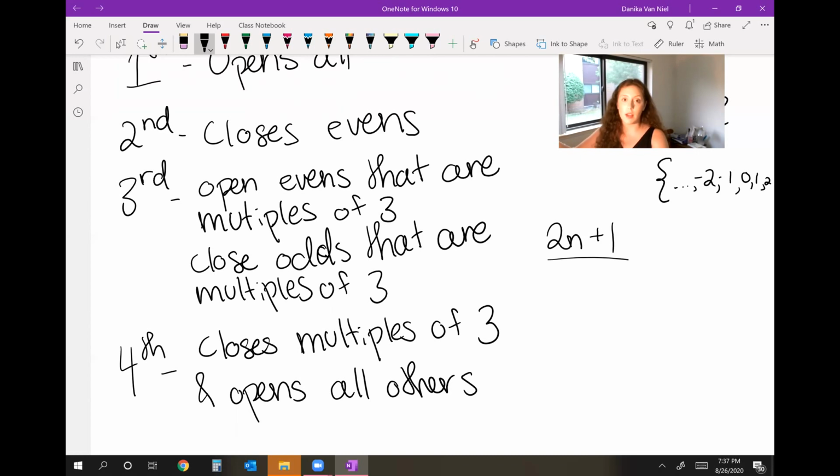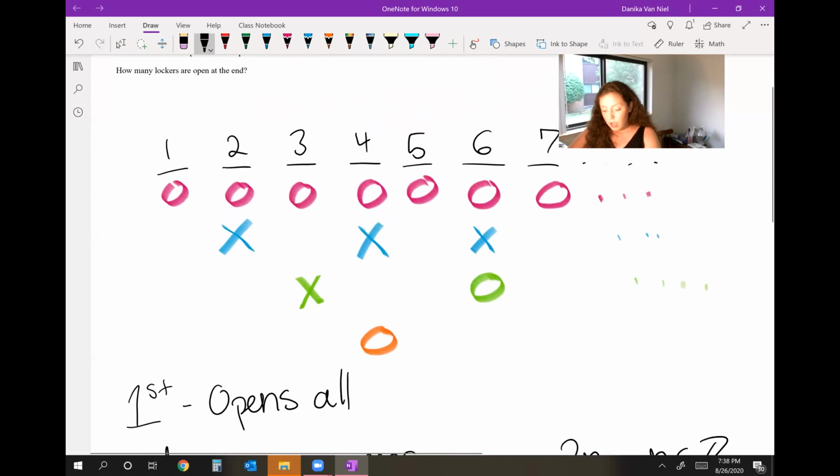So the fourth student has to do something, well, they're going to have to close it. But any other locker that they find that's not divisible by 3 was closed by the second student, so the fourth student's going to open it. Woo, all right, this is crazy. So a lot of stuff is happening.